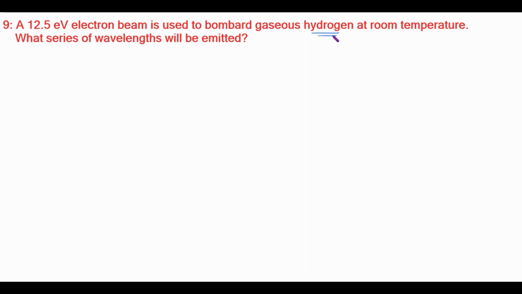If it is related to hydrogen, we know that the energy in the ground state is minus 13.6 eV. We know that E_n is equal to 1 divided by n square into minus 13.6 eV.